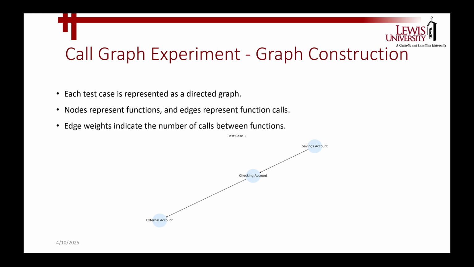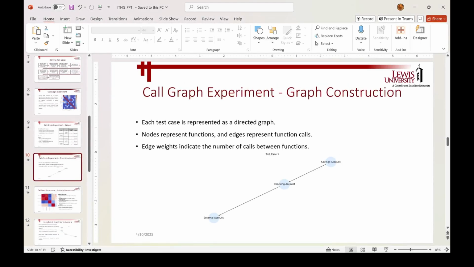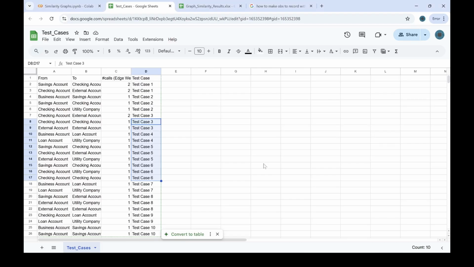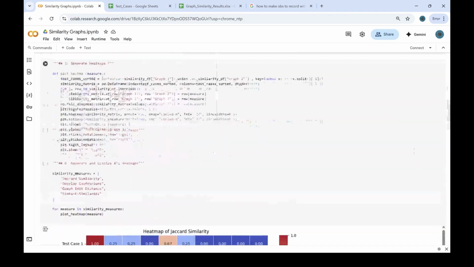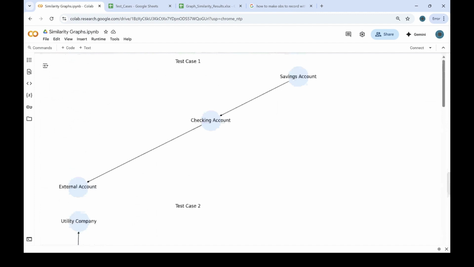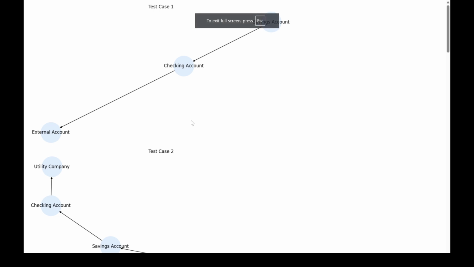This is a visual representation of the call graph for test case 1. Again, let me show you these call graphs. These are the graphs of each test case.